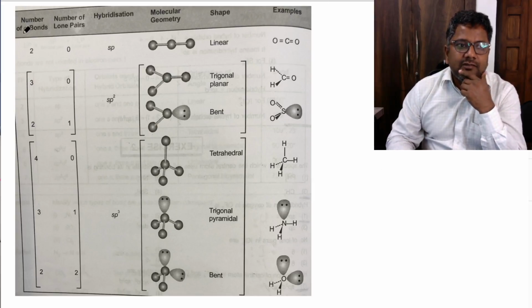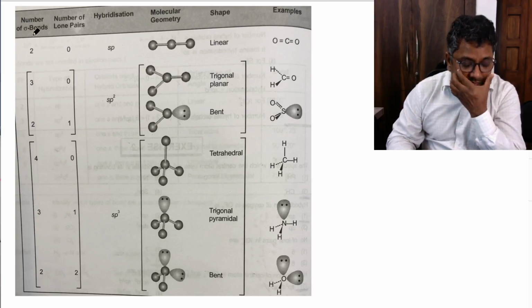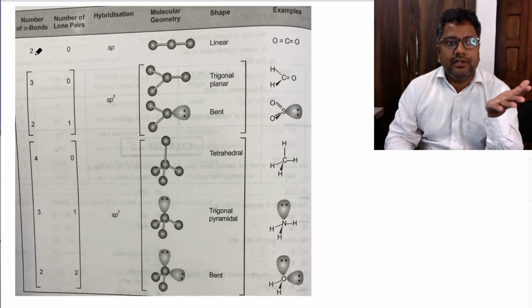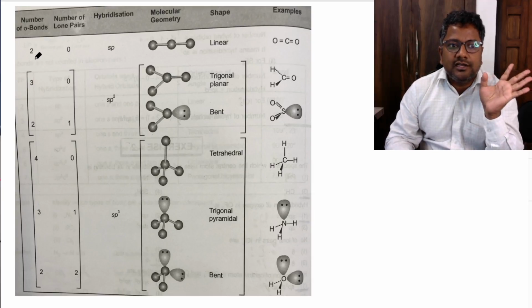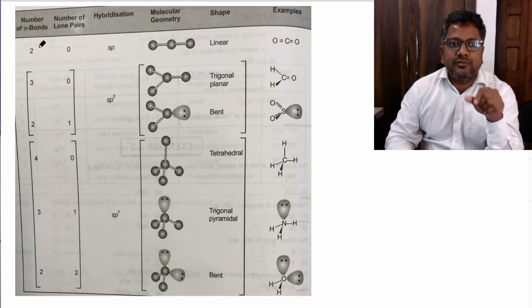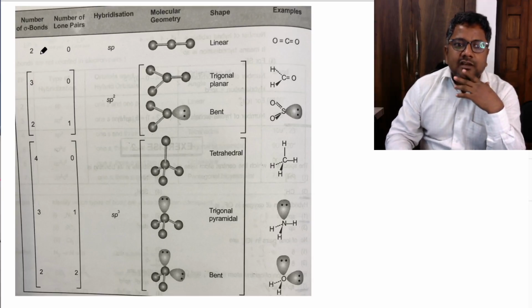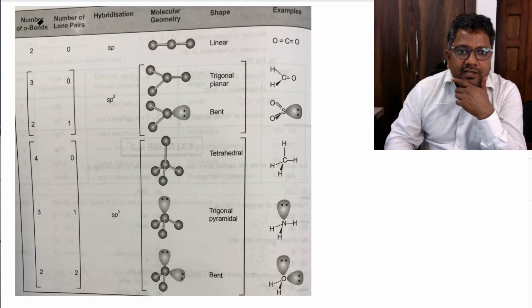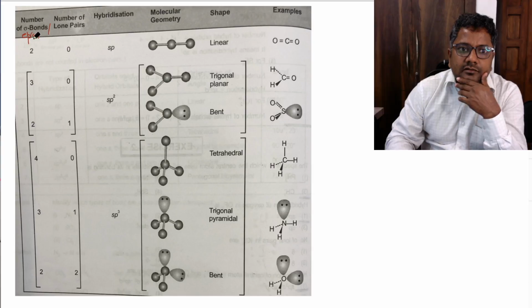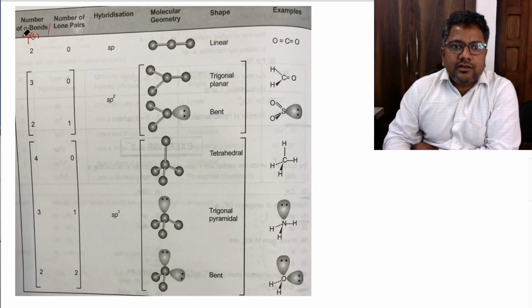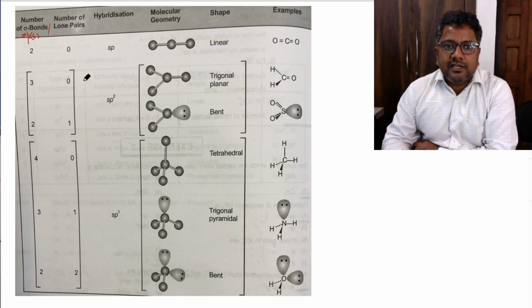Number of sigma bonds, because the orientation of sigma bonds only determines the geometry. Pi bond has no role in the determination of geometry. So number of sigma bonds, or you can say number of electron pairs as well. These are the lone pairs, number of lone pairs. So remaining will be the bond pairs.